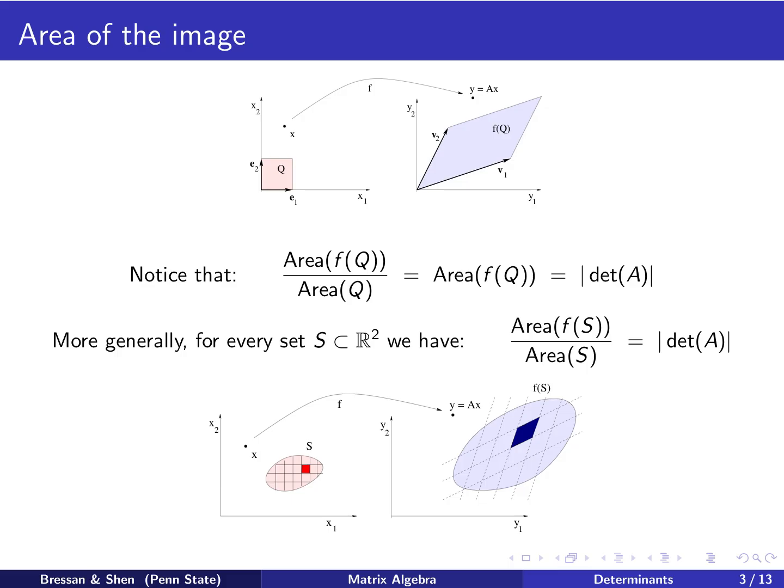It's more general in the sense that any area here in the x1, x2 coordinate after the transformation becomes f of S here, and then the ratio between these two areas is always the determinant of A. Okay, so the area of f of S, the transformed area, over the area of S, the original area here, the ratio is the absolute value of the determinant of A. So treating the multiplication as a linear transformation, we see that this number that we call determinant exactly measures the ratio of how the area changes.